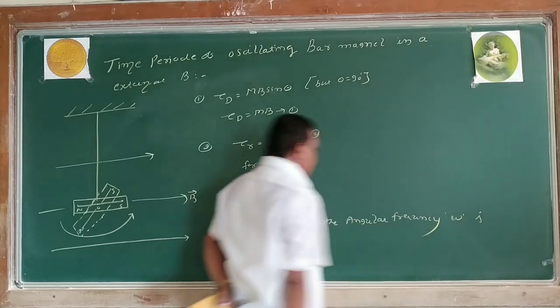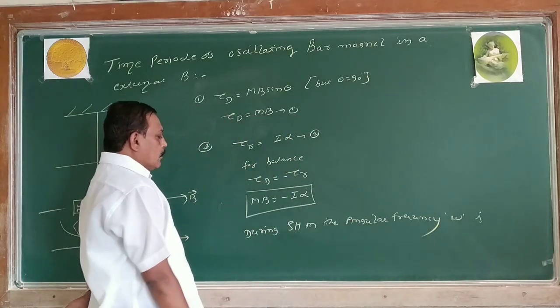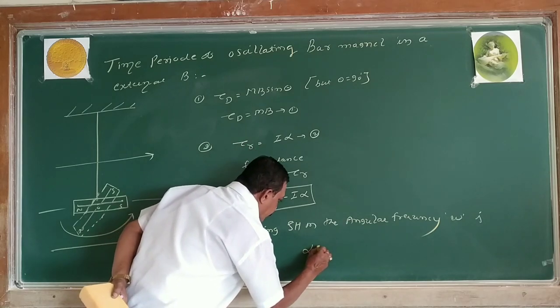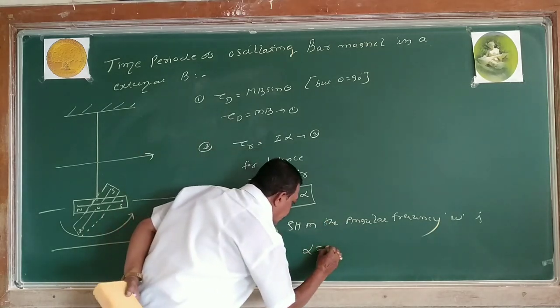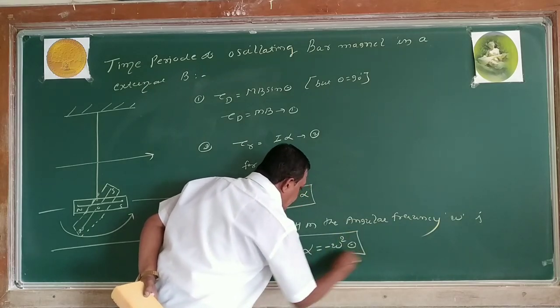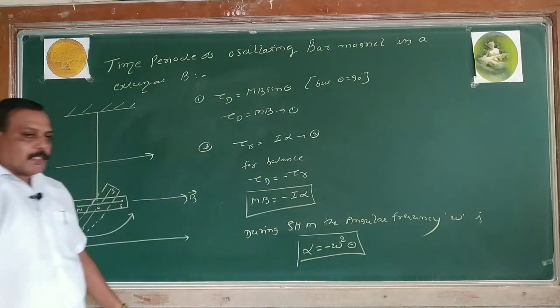We know that alpha equals minus omega square into theta.